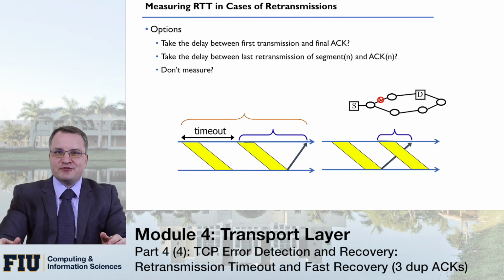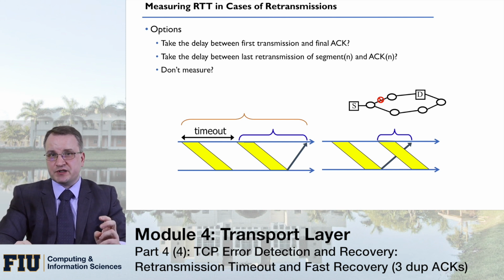I was a little bit careful saying first useful measurement of RTT because it's not just any measurement of RTT. Sometimes there is ambiguity about what you're receiving, depending on whether you did retransmission or not. For example, in this case, you send out something, then you time out, you send something again, and then you get an acknowledgement.